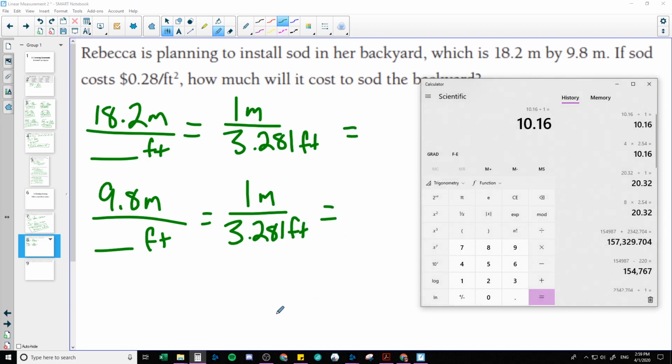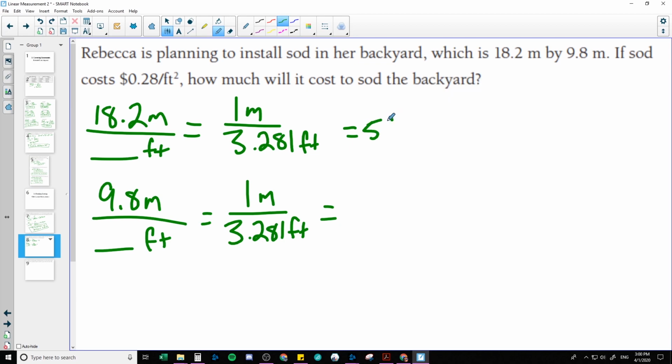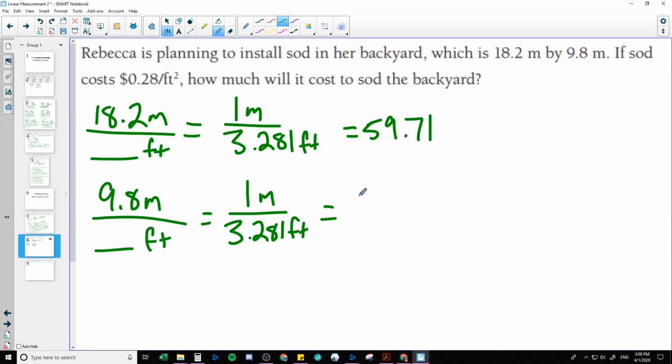So let's pull up our calculator. Okay, 18.2 times 3.281 divided by that 1 gives us 59.71. And this one here, 9.8 times 3.281 gives us 32.15.